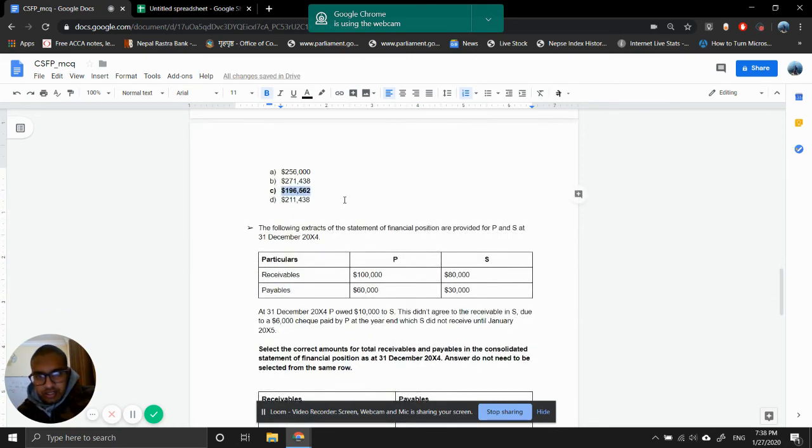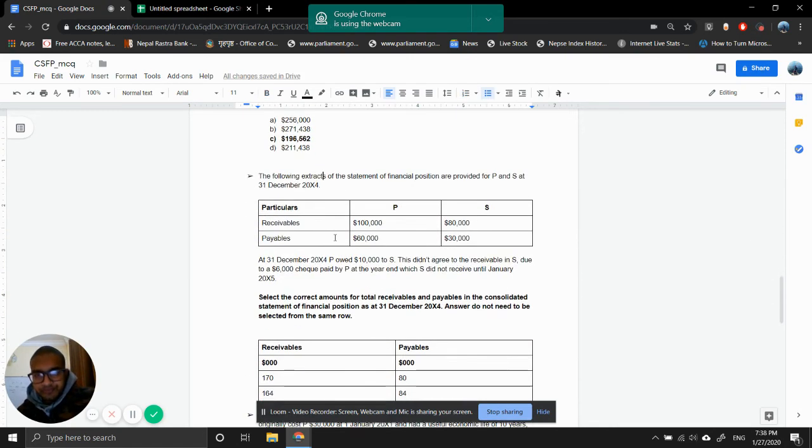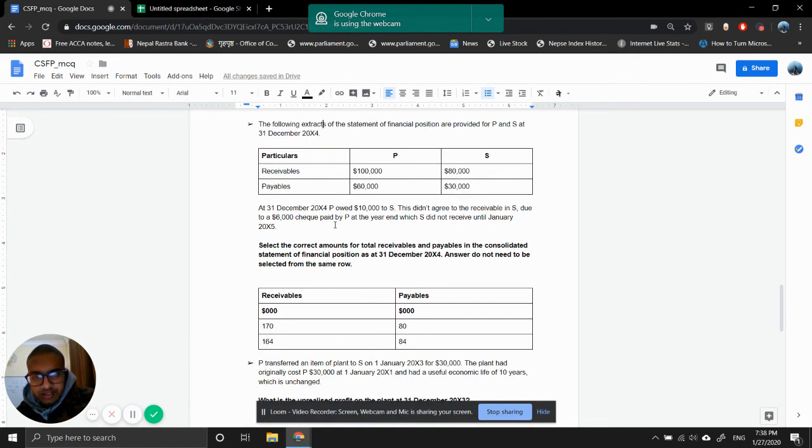And then after that let's look at the other question. So what does it say in this? The following extracts of the SOFP are provided for P and S at 31st December 20x4. Okay, and then receivables is for P this, S this, payables is this plus this, and then at 31st December 20x4 P owed 10,000 to S, so that means it's in payables.